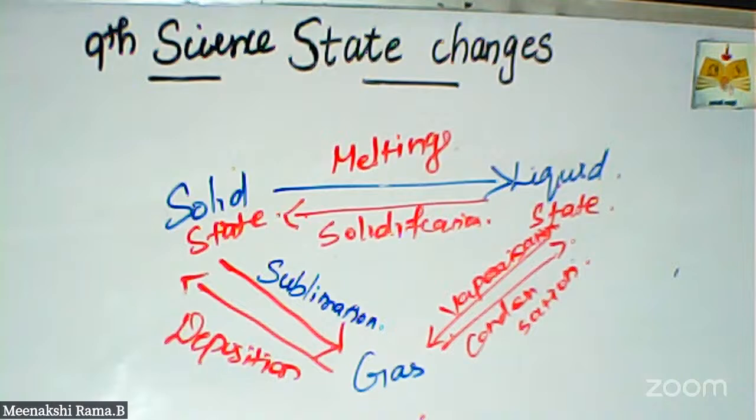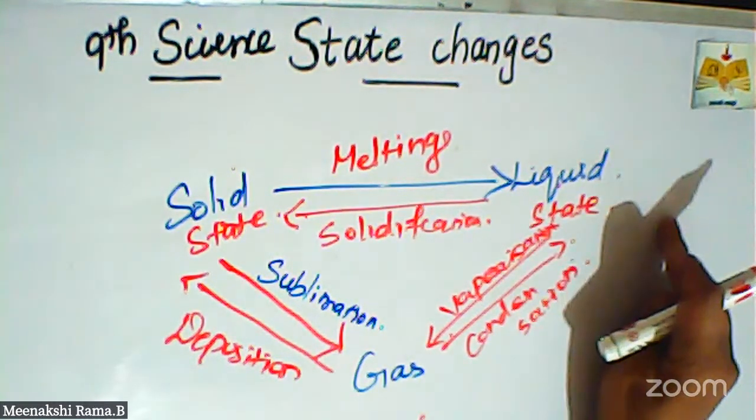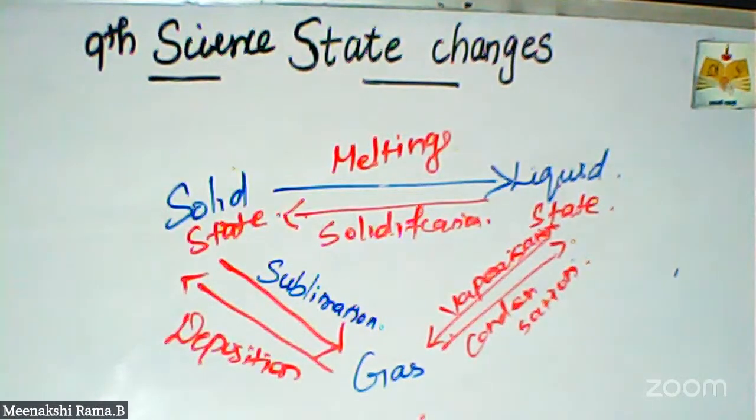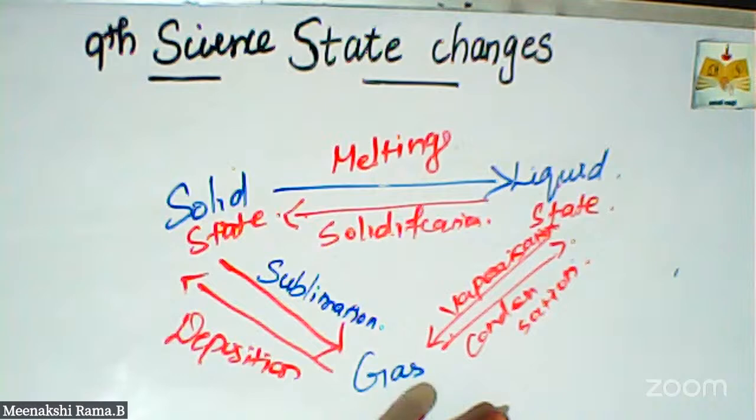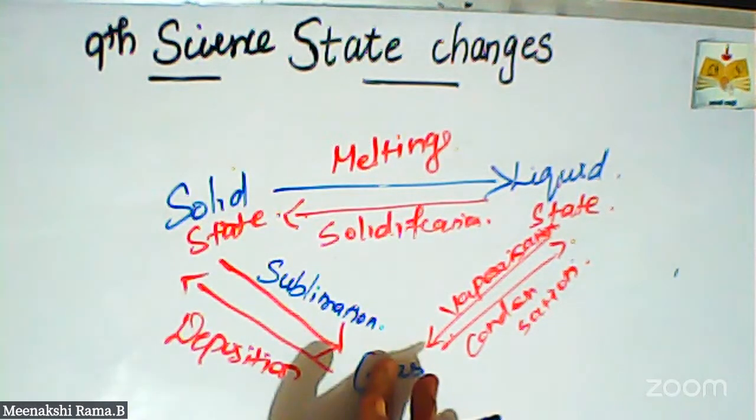Next one is condensation. Water vapor is changed into liquid state. That is called condensation. So these are all the reversible processes. Solid directly changed into the gaseous state is called sublimation.